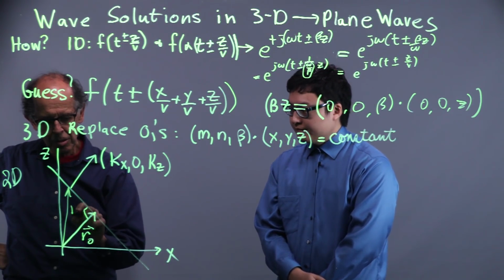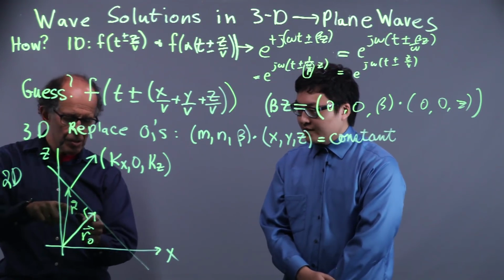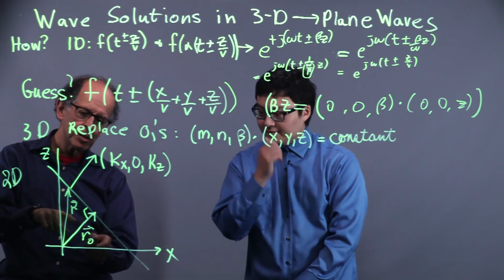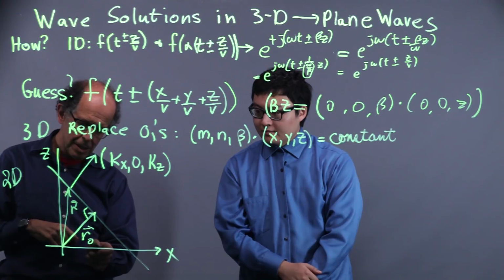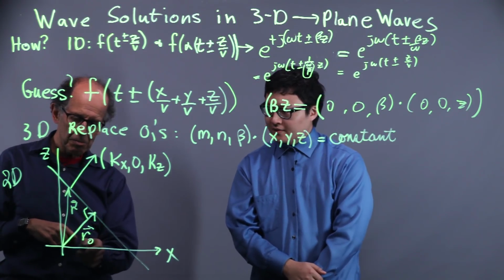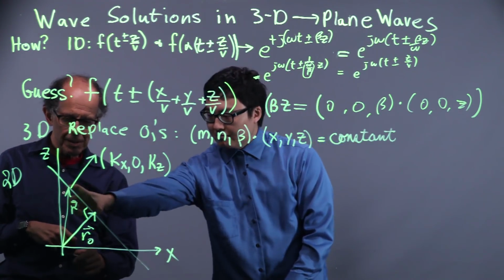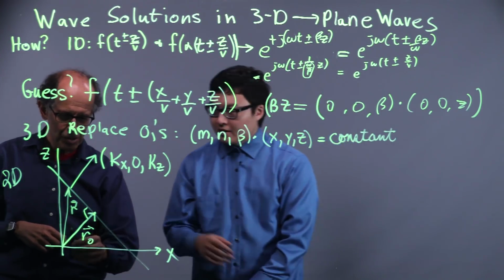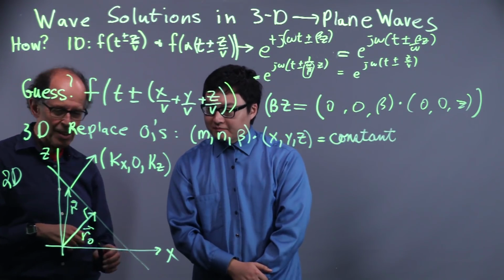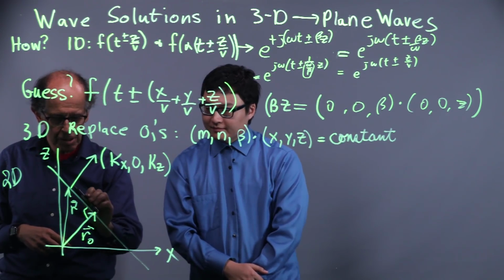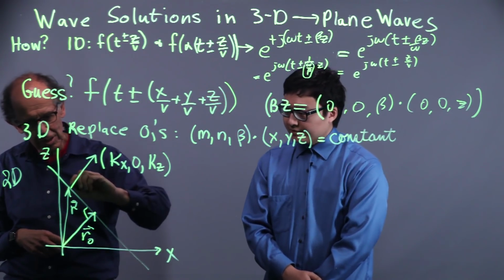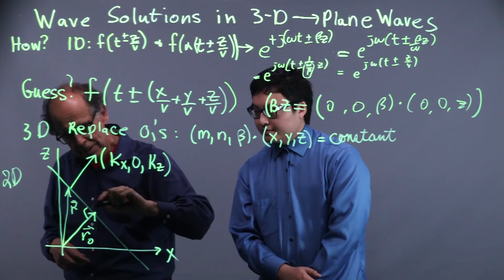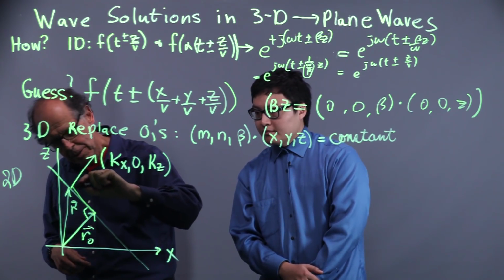And this is R. So if we subtract R minus R0, where does that put us? It's here. All right, so R minus R0 is this vector here. So let's draw it. There's R minus R0.